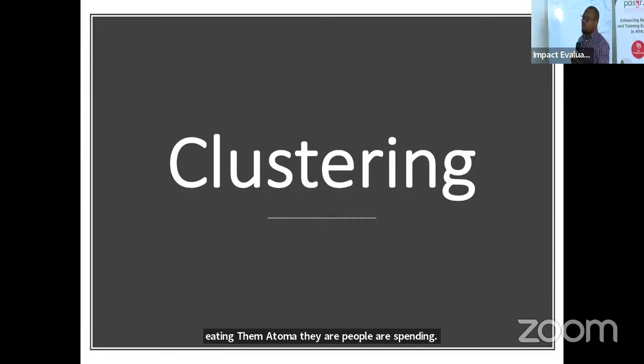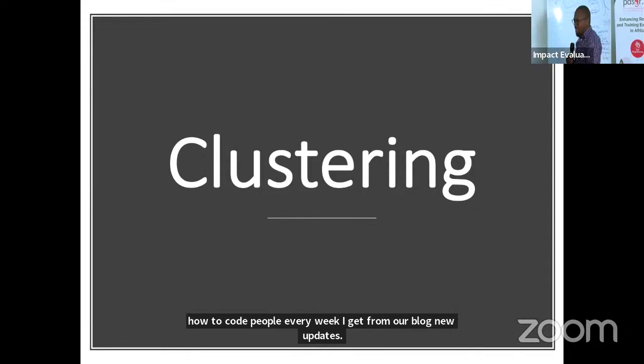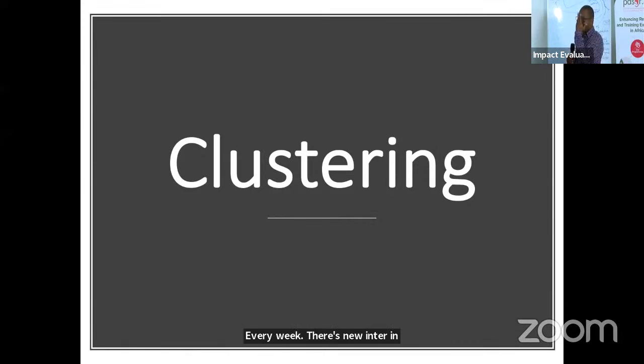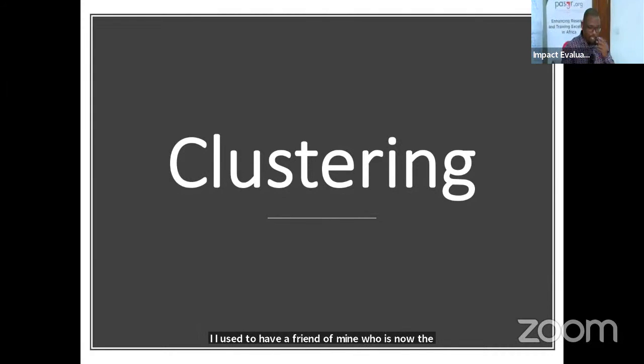If you want to learn about R, Stata, how to code, every week I get from Arab blog, new updates. There's this code that came up. There's that code that came up every week. Every week there's new innovation. In Stata, I used to have a friend of mine who is now the president in Colombia, president of the pensioners. He wrote a code, one of the very famous code in Stata.